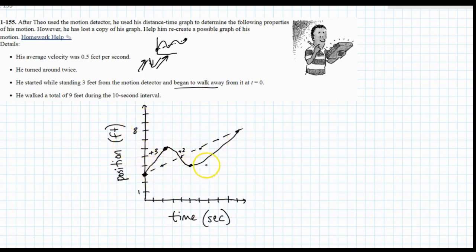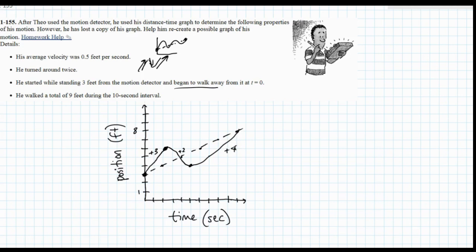Okay, so let's see if that makes sense. So we're going 3, then backwards 2, and then another 4 feet. So does that add up to a total of 9? Yes, it does.